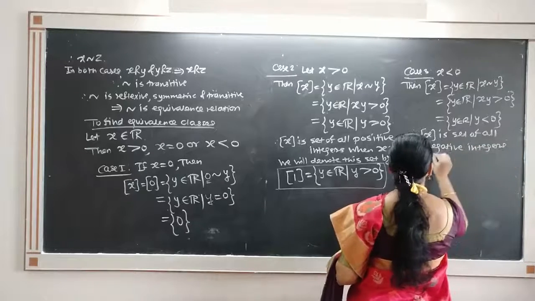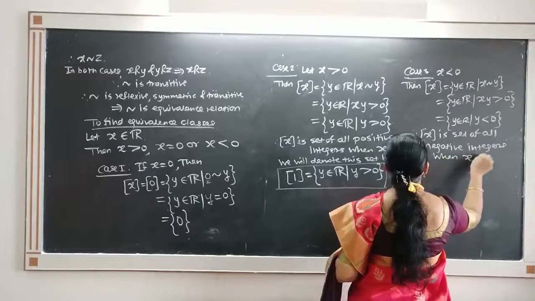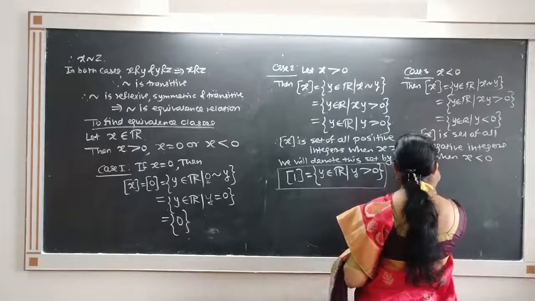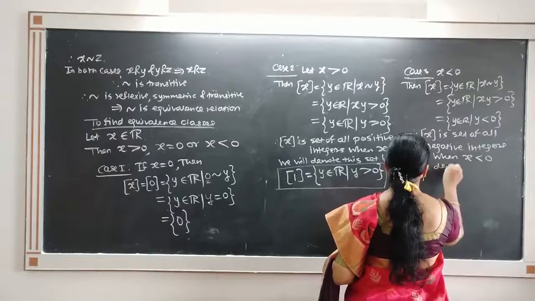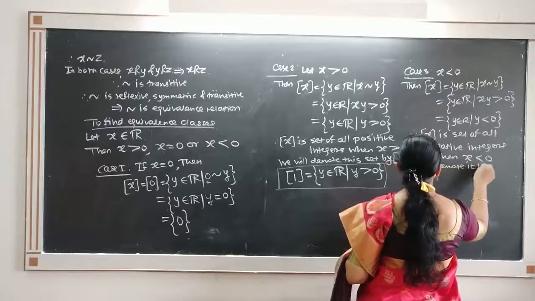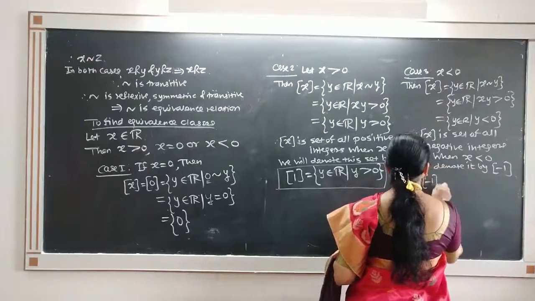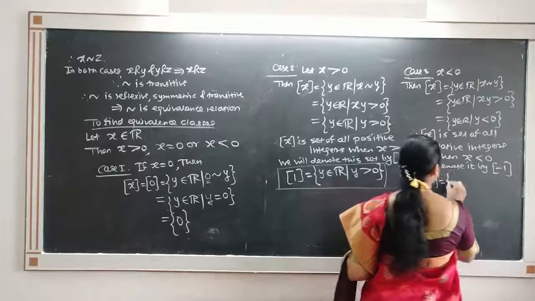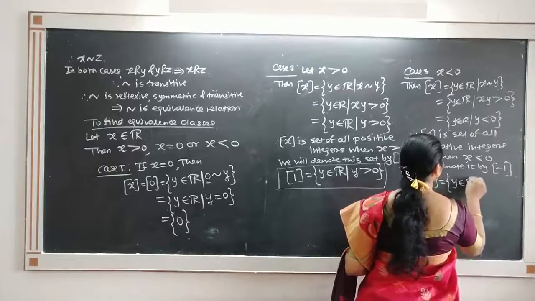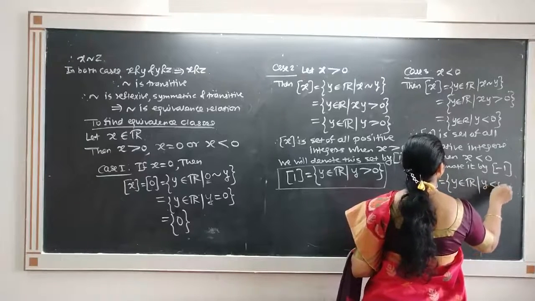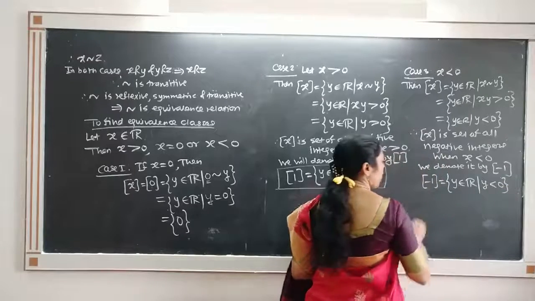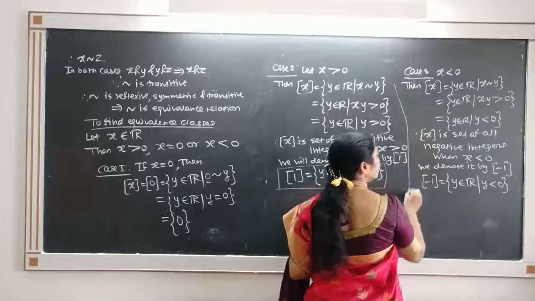numbers when x is less than 0. So we denote it by -1. So equivalence class of -1 is nothing but set of all y belonging to R such that y is less than 0. That is all negative.